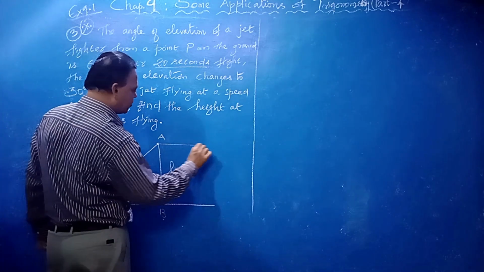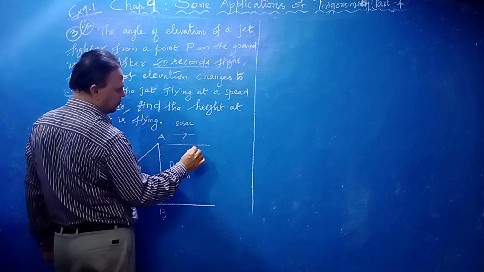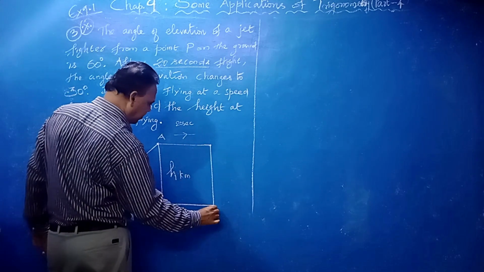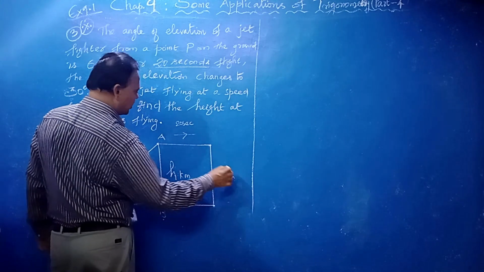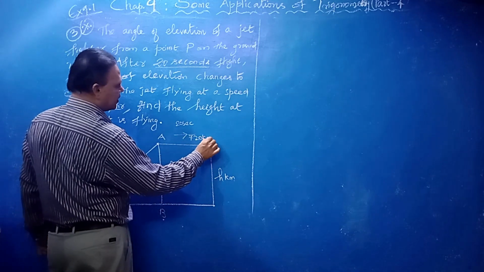After 20 seconds of flight, the height will be constant, h kilometer, at a speed of 720 km per hour.